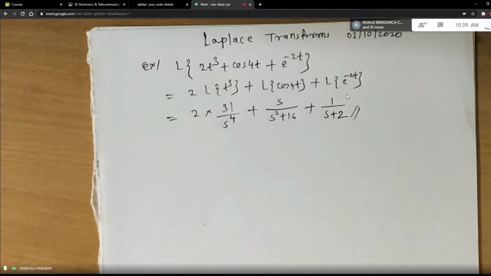So these type of problems are based on your elementary formulas. Those are called as Laplace transform of standard functions. Now one more thing I want to tell you, students. Laplace transform of every function does not exist. There is the existence property for Laplace transform that unless and until the integral which is there in the formula exists, Laplace transform will not exist.